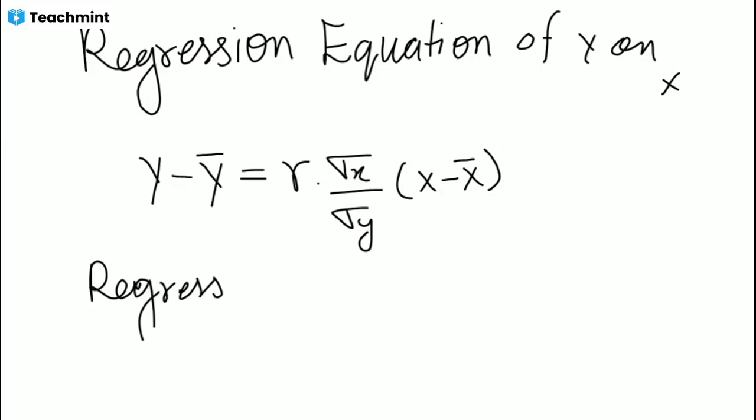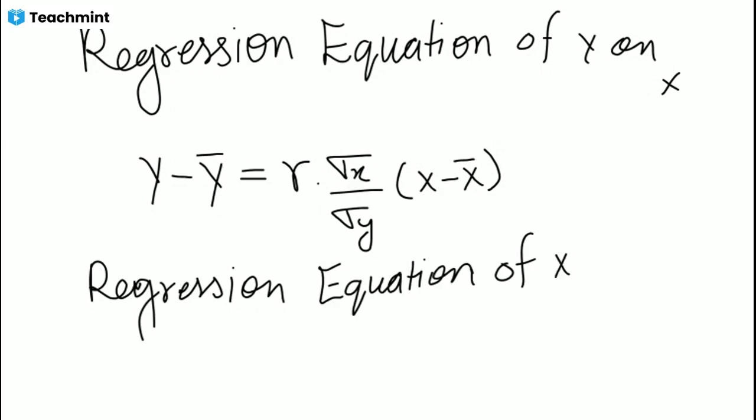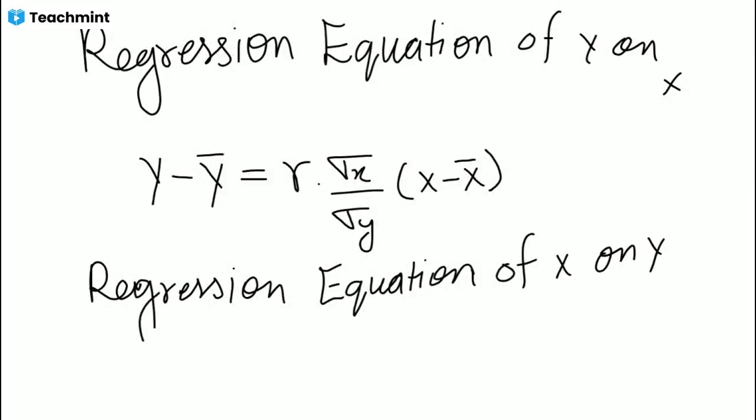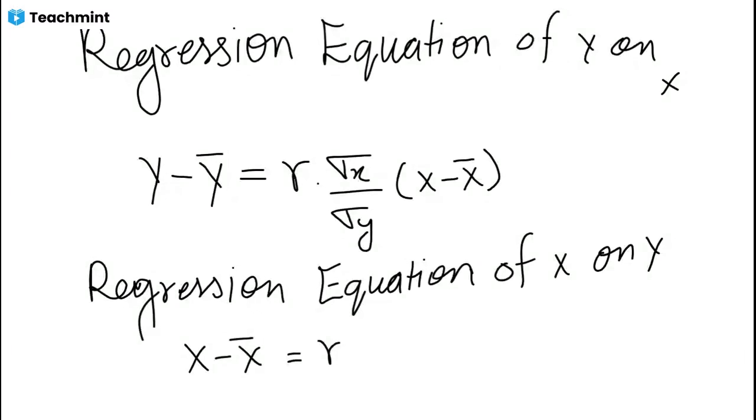And the regression equation of x on y is x minus x bar is equal to r into sigma x over sigma y into y minus y bar.